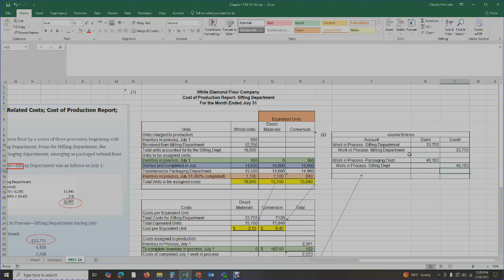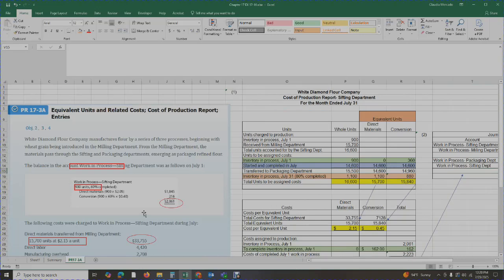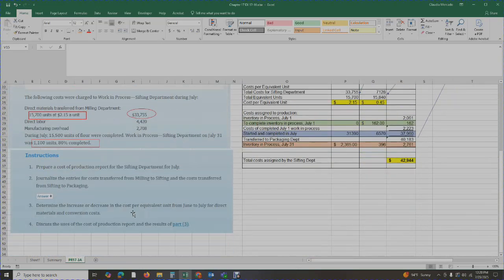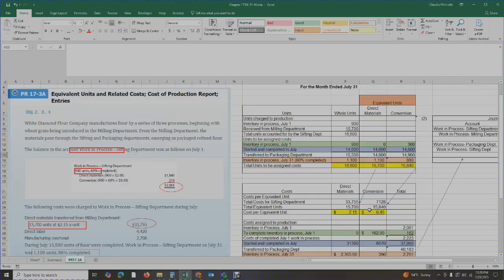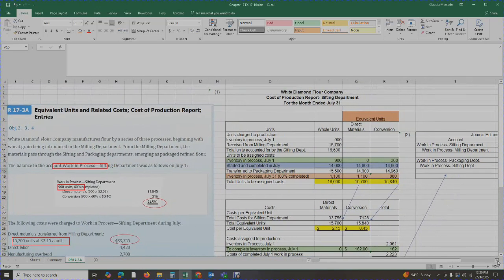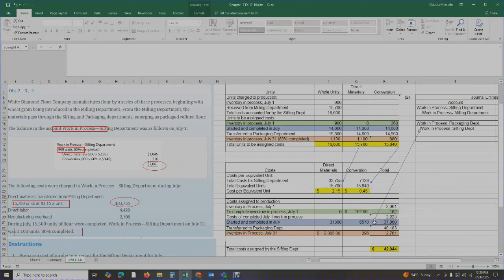Okay. Now the third requirement: determine the increase or decrease in the cost per equivalent unit from June to July for direct materials and conversion cost. What we're going to do first is the calculation for direct materials.